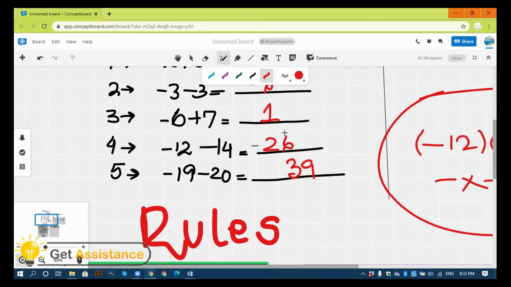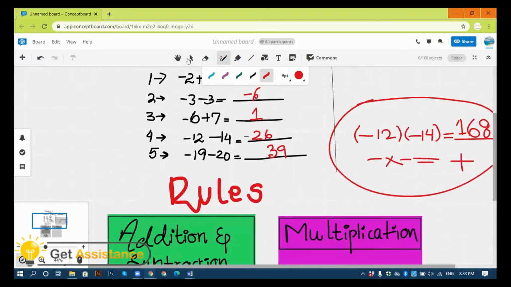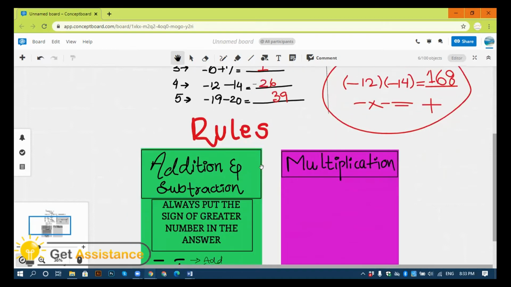Because when you add a negative number with a negative, the greater number is the one that you have to put. We always have the sign of the greater number to put, okay? Yeah.